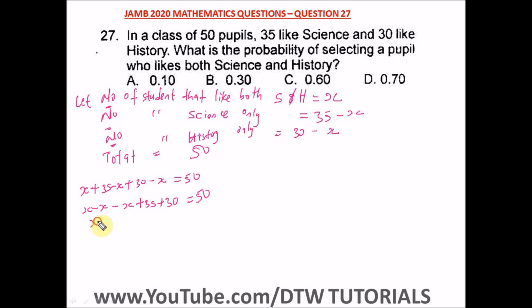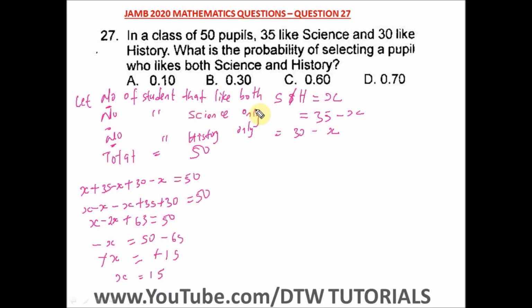So we have minus x plus 65 equals 50. So minus x is equal to 50 minus 65. So minus x is equal to minus 15. So we cancel the minus signs, so x is equal to 15.